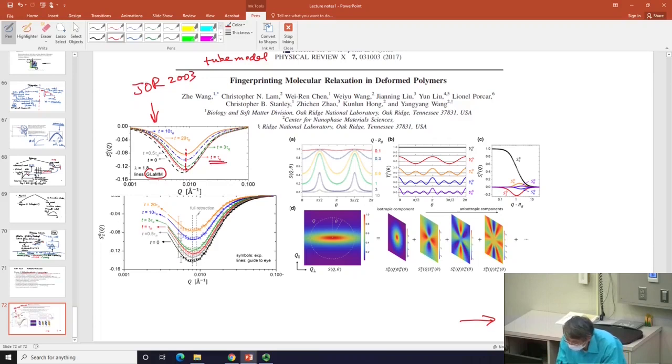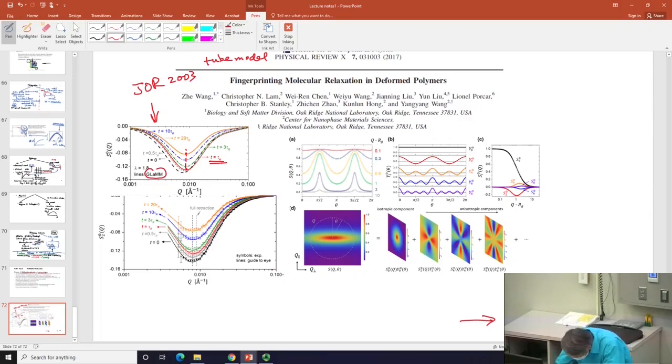So up to tau r, it will not change. But because of chain retraction, beyond tau r, I think I said it in reverse.